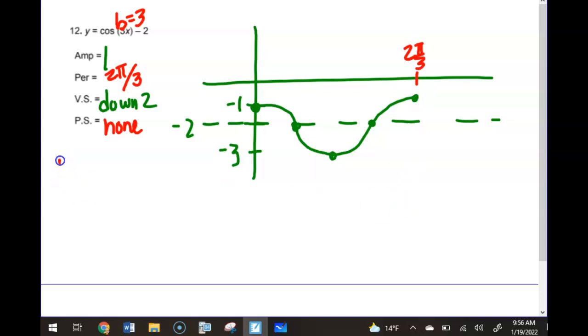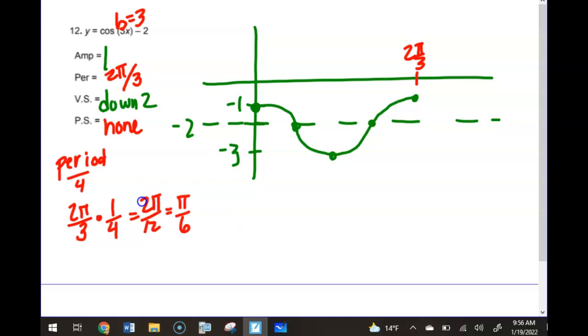Remember, to get quarter points, it's period divided by 4. So 2 pi over 3 divided by 4 is the same as times 1/4, which is 2 pi over 12, or pi over 6, okay? So we're going to count by pi over 6s.